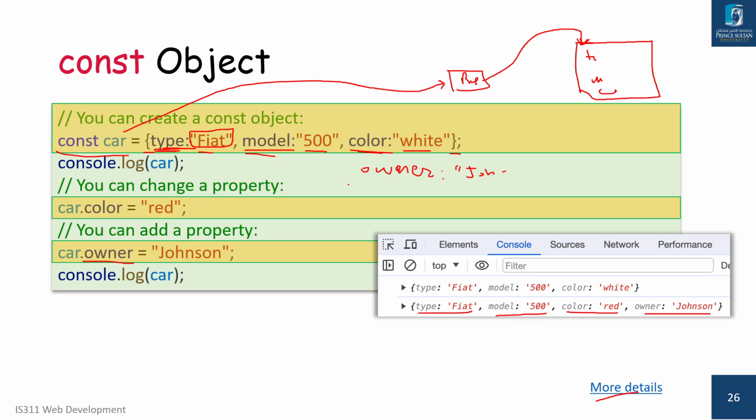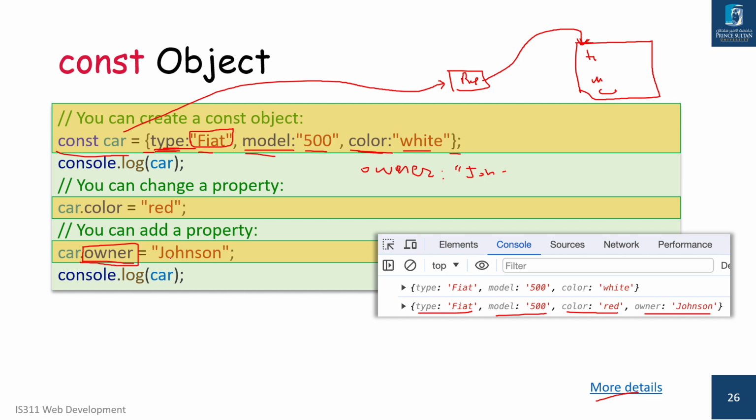So if we try to access a key which does not exist inside our object and then assign a value, it will create that key and automatically assign that value. So it will change the object. Definitely, when we talk about objects, we will discuss more about that.